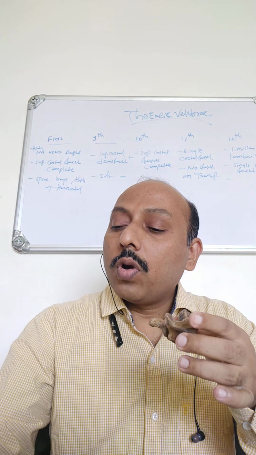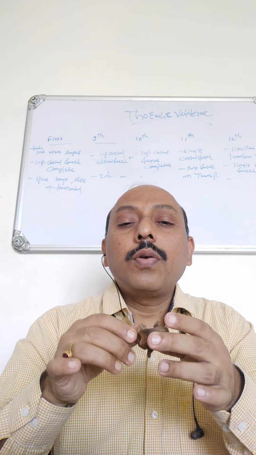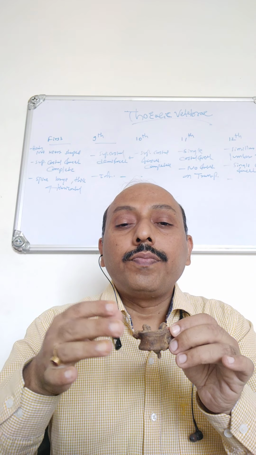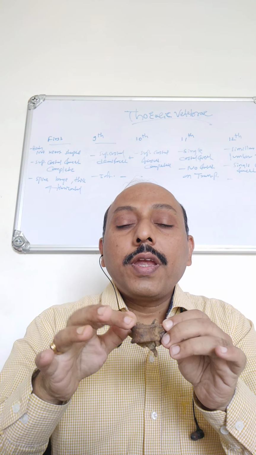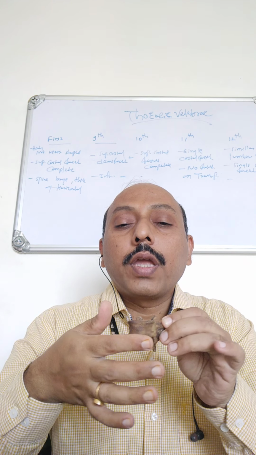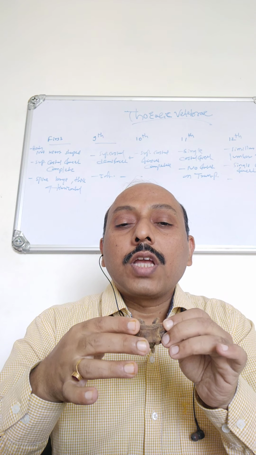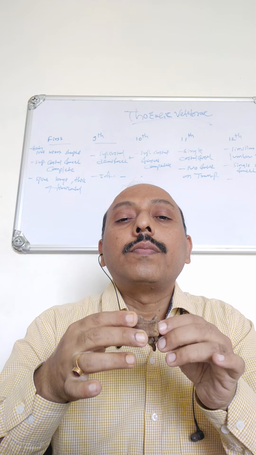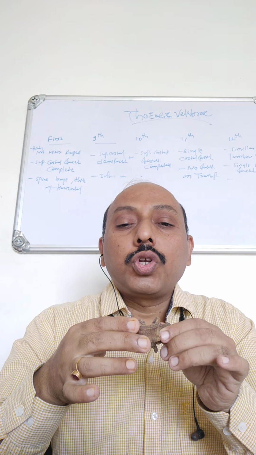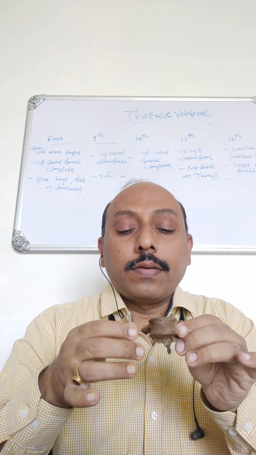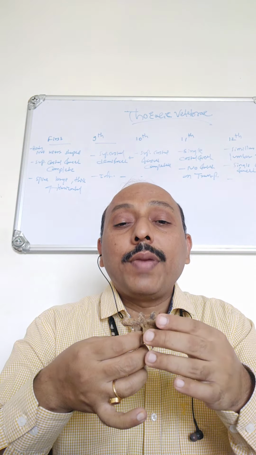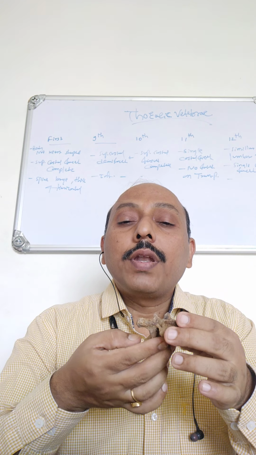Okay, and what are the attachments? The superior and inferior borders give attachment to the anterior and posterior longitudinal ligaments respectively, and the lamina gives attachment to the ligamentum flava.